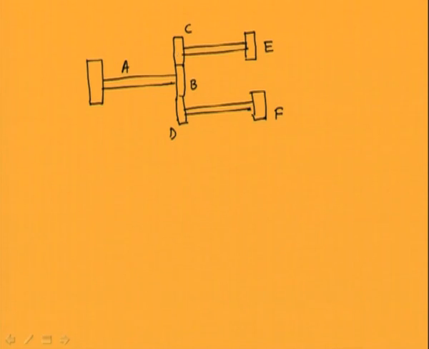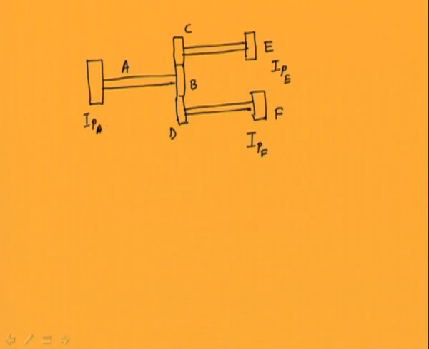Here we are neglecting the mass moment of inertia of the gears C, B and D. Disc A has a polar mass moment of inertia, disc E has a polar mass moment of inertia, and F also has a polar mass moment of inertia.